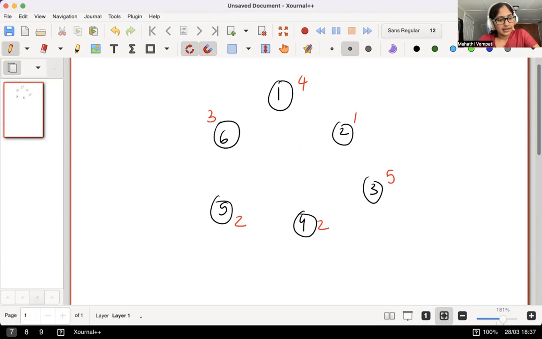And these are the edges: 1 to 2, 3 to 2, 4 to 2, 6 to 4, and 4 to 5. Okay. And A's position is here at 2 and B's position is 4.